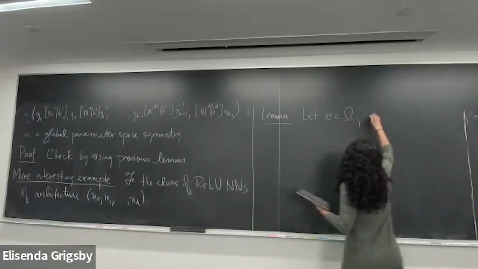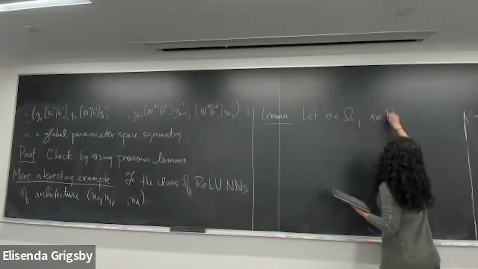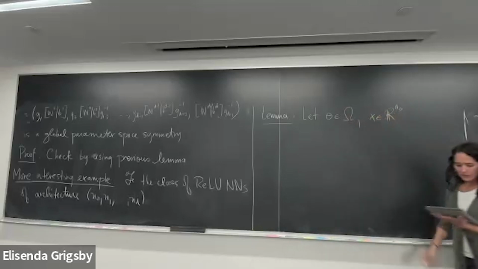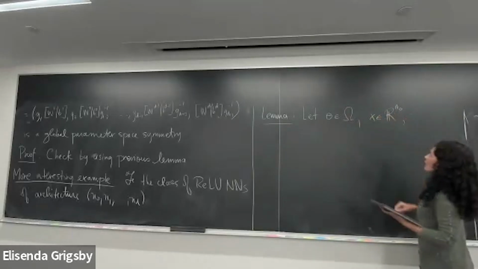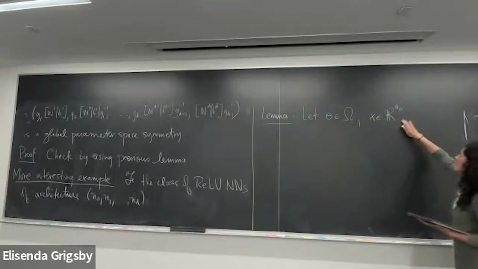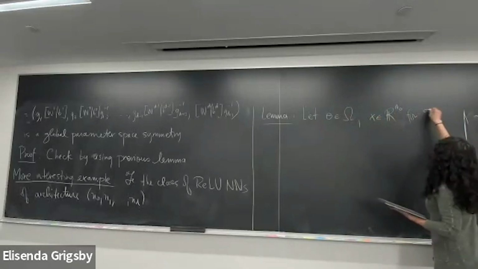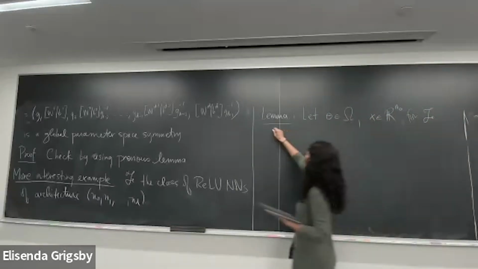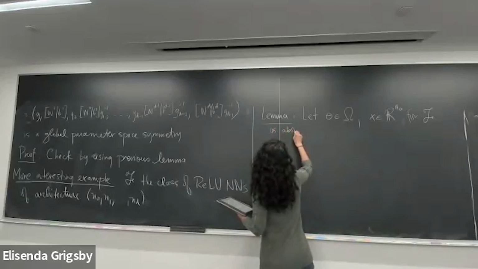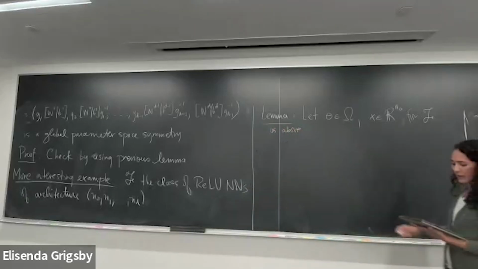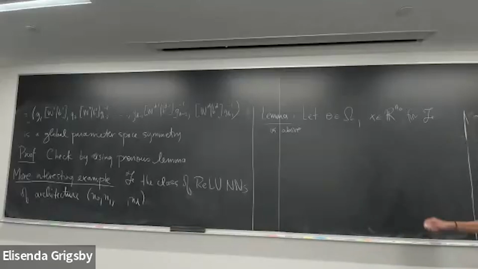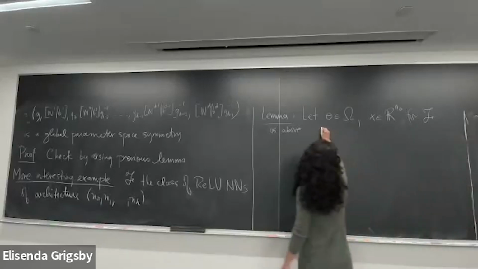Let theta be a parameter, x an element of the input space, and f as above. And now we also have this sign map.